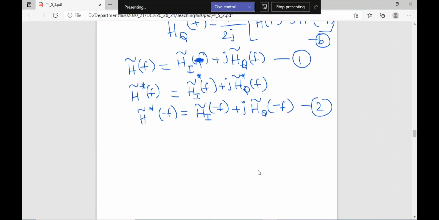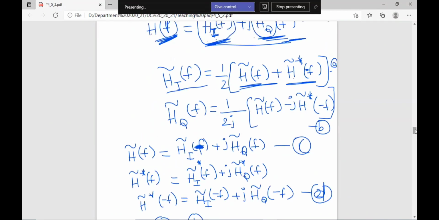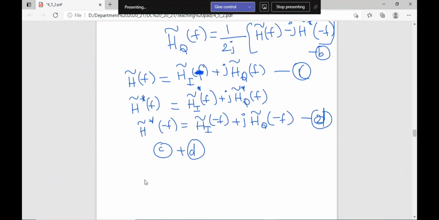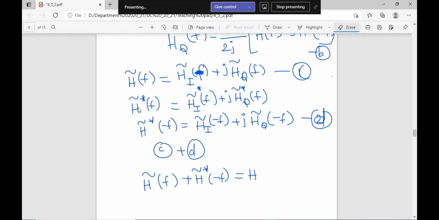Okay, so now what I'll do, first add 1 and 2. C only I'll take, and this I'll take as d. Add c plus d. If you add c plus d, you'll get this first one. C is nothing but h tilde of f plus h tilde star of minus f. One second now, I've written something wrong here.